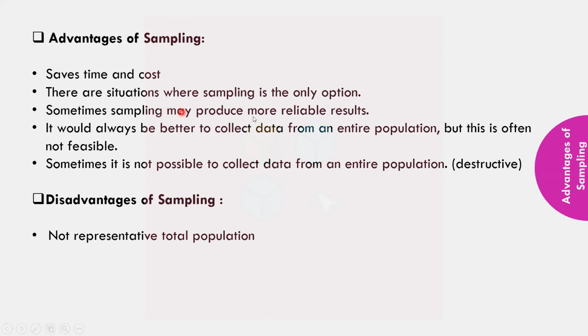Sometimes sampling may produce more reliable results. If all the elements in the population are included in the study, then it is not possible that we will take care and attention to get the information from all the elements of the population.